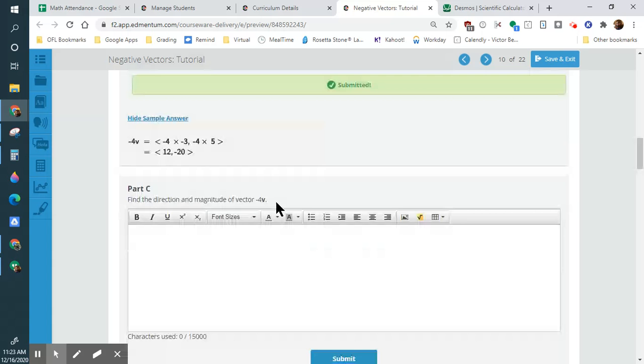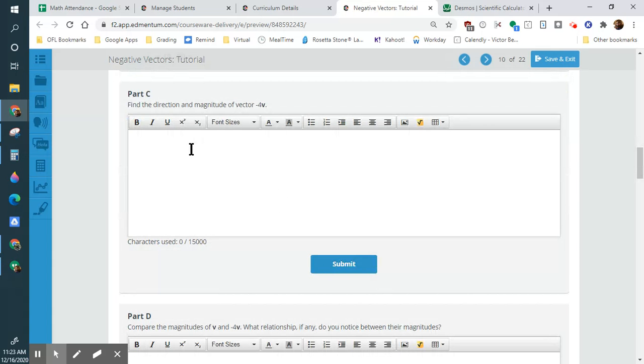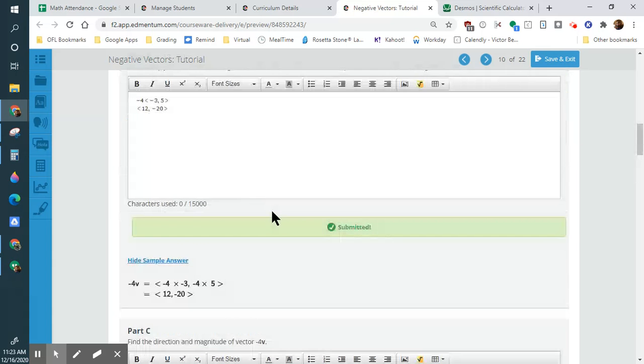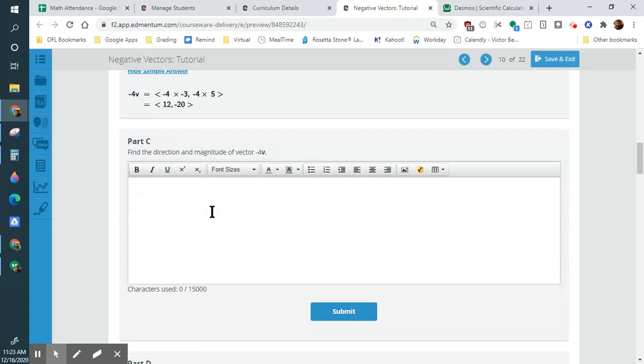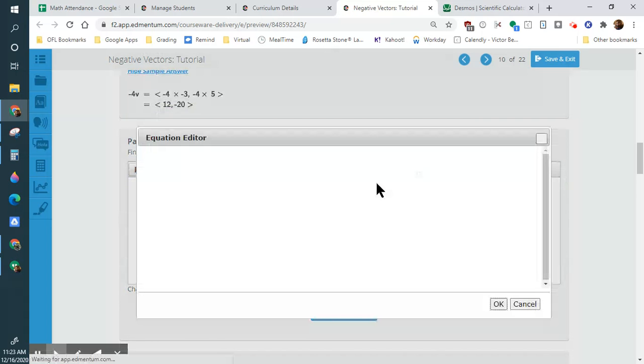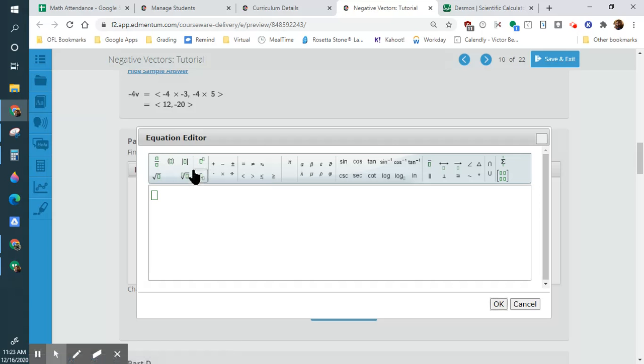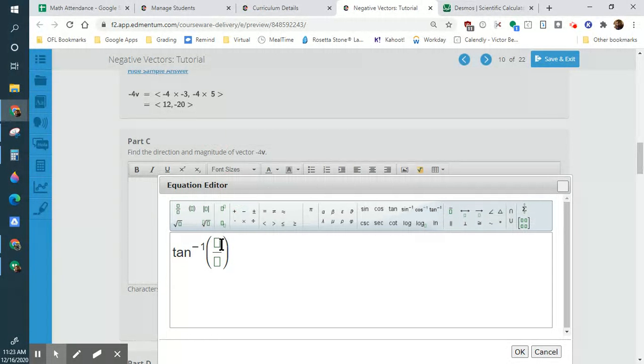All right, and then find the direction with the magnitude. So in order to find direction, we're going to do tangent inverse again. Tangent inverse of a fraction, and that's going to be -20 over 12.